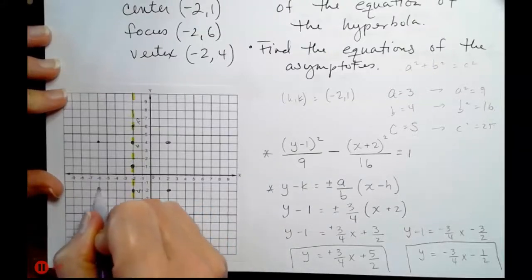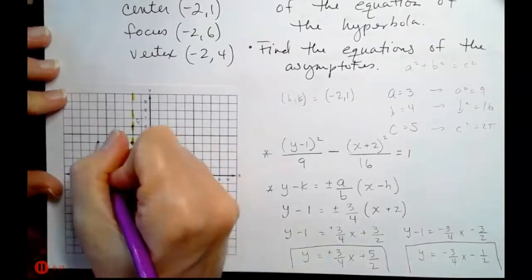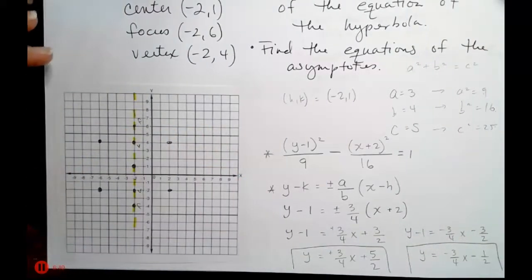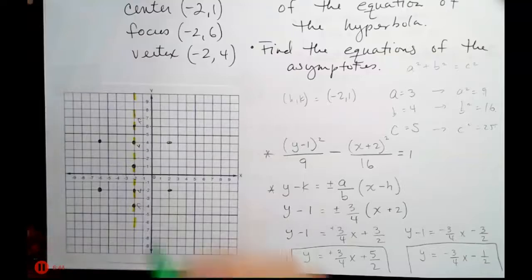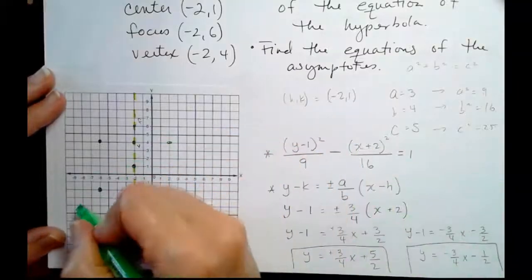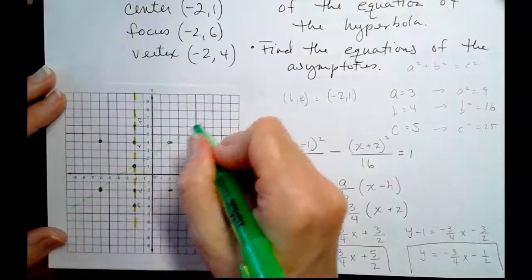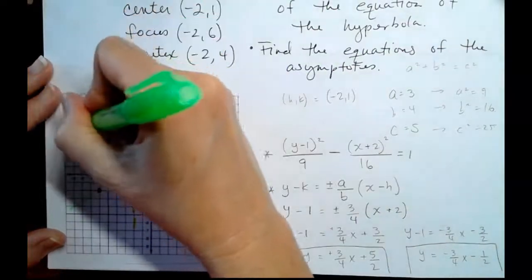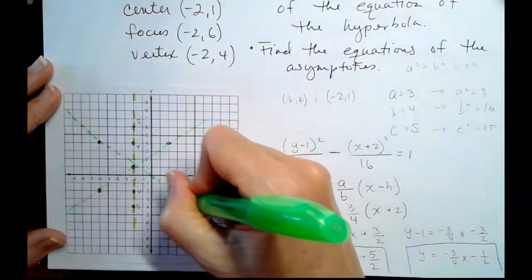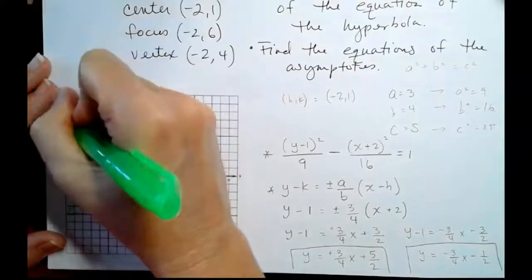Yep. So basically, when you use the slope, that allows you to form the box that you might read about. I just use these points to fill in my asymptotes. Remember, asymptotes are auxiliary. They're not solid. They're broken.